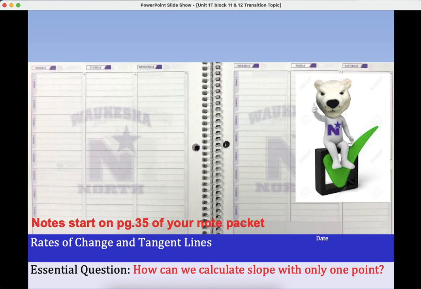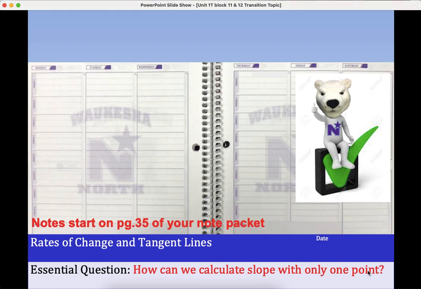So I want to spend a couple of days just going through the reasons why Unit 2 is the way it is. These notes start on page 35 of your packet, and the title is Rates of Change and Tangent Lines. The essential question is, how can we calculate slope with only one point?